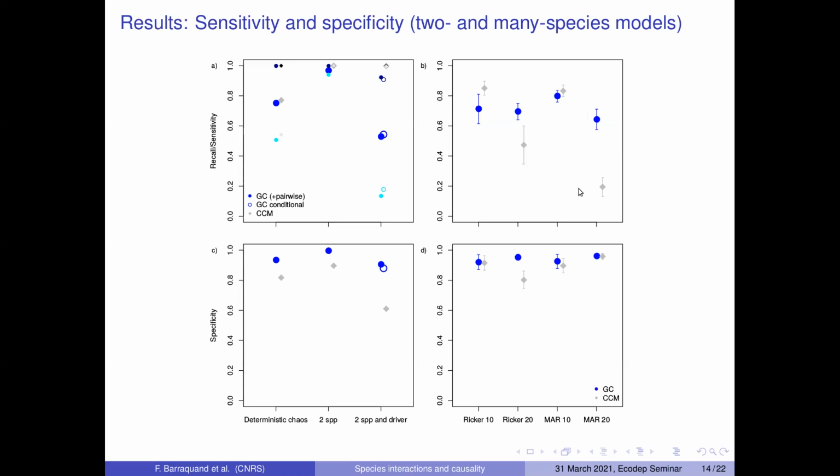So convergent cross mapping doesn't work so great for 20 species systems, for reasons that we haven't figured out exactly. But overall, otherwise, both techniques are saying more or less the same thing.